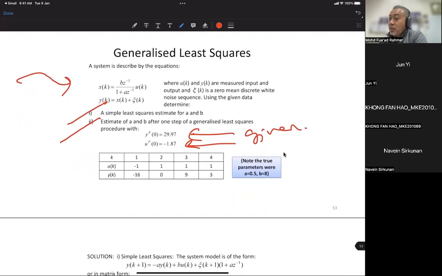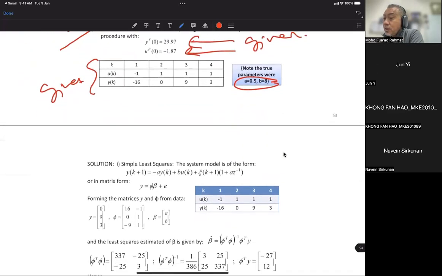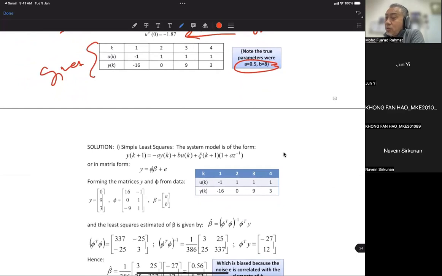So the true parameters are 0.5 and 8 for A and B respectively. This is the data given, for k equal to 1 until k equal to 4. We need to do the simple least square first because we need the value that will be inserted inside the filtered least square.